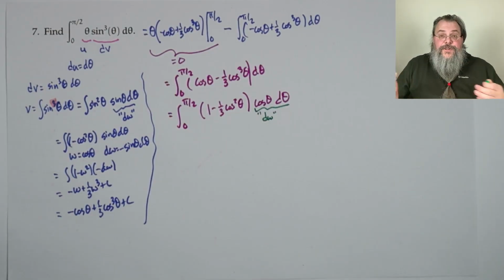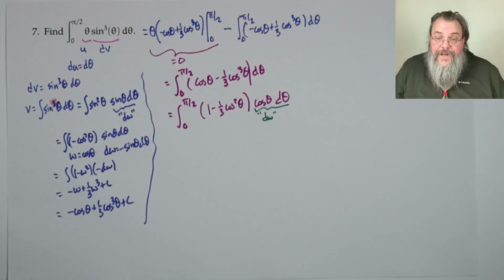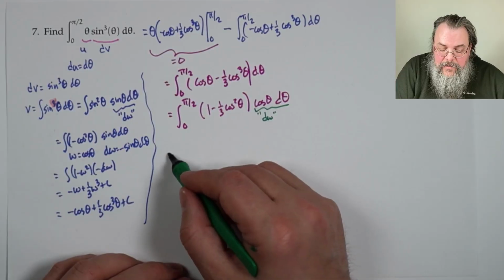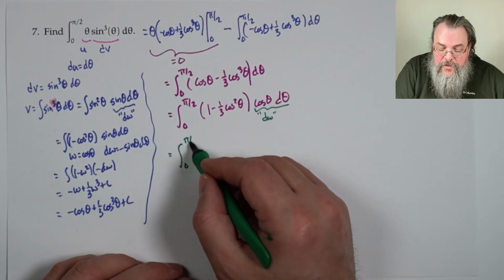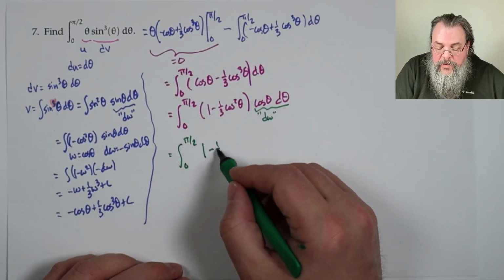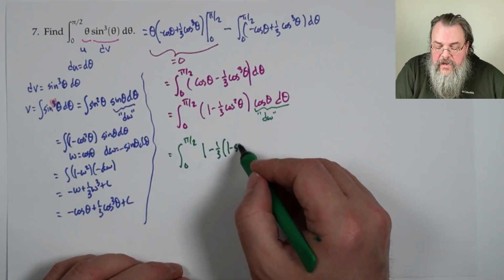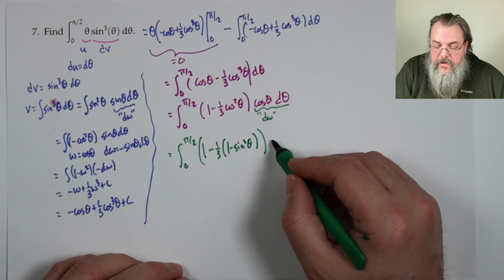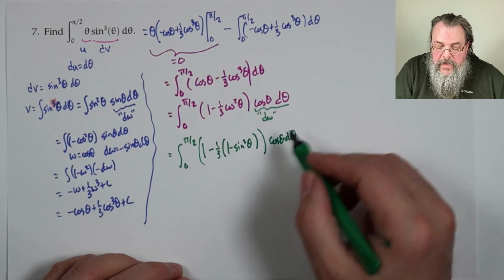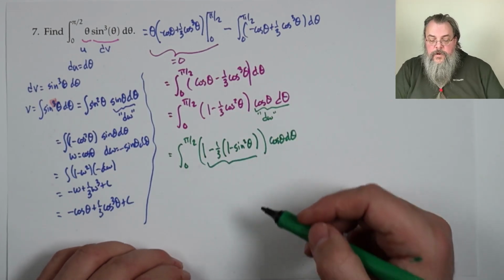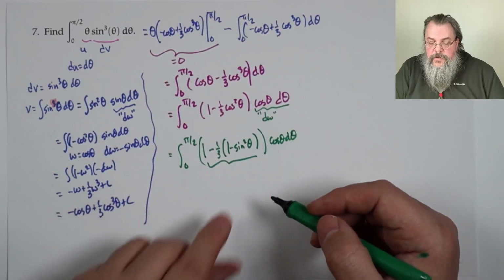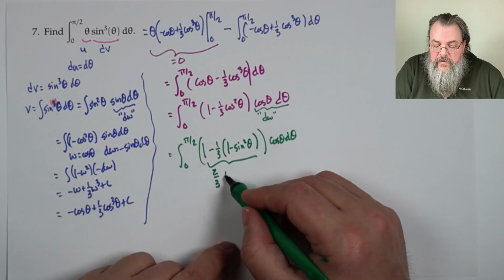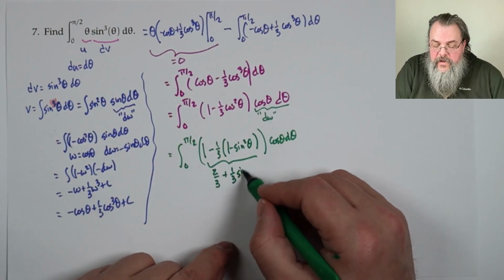So we need to rewrite everything in terms of sines, and we do what we did before. This can become the integral from 0 to pi over 2 of 1 minus 1/3 times 1 minus sine squared, and then we have our cosine theta d theta. If you clean this up, 1 minus 1/3 becomes 2/3, then we have a plus 1/3 sine squared theta.